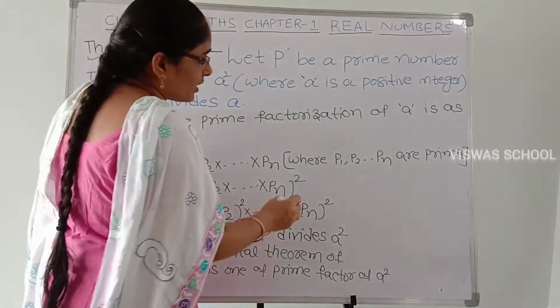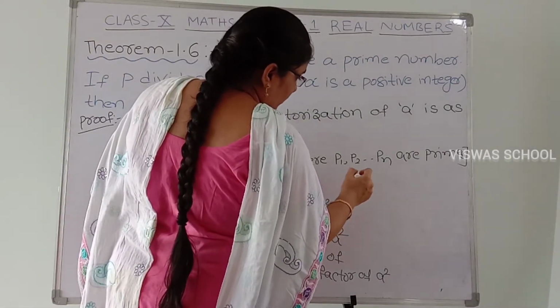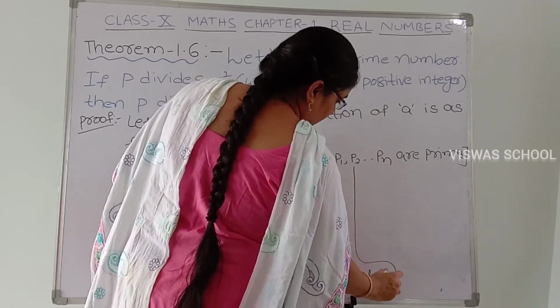In the same way, by the uniqueness of the fundamental theorem of arithmetic, P is one of P1, P2, Pn.